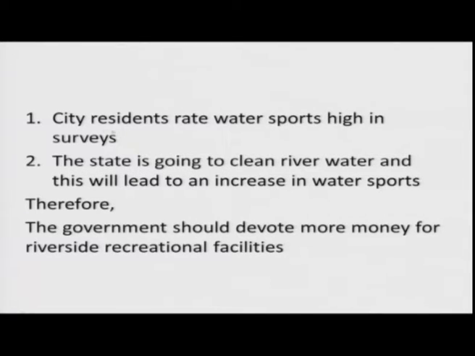The first point is that city residents rate water sports very high in surveys. Then, as I mentioned, the state is going to clean the river water and this will lead to an increase in water sports. Therefore, the government should devote more money to riverside recreational facilities. So, this is the argument. You can say these two are premises and this is the conclusion of the argument here.